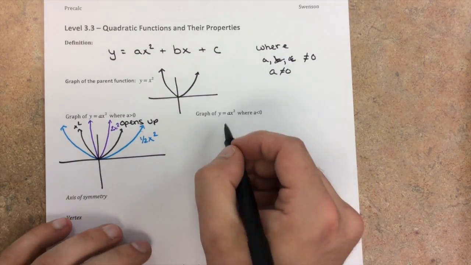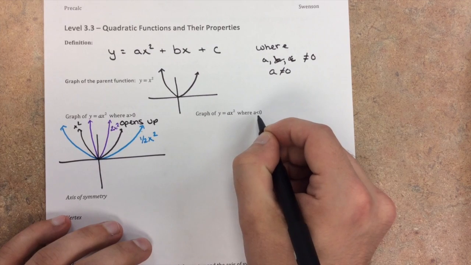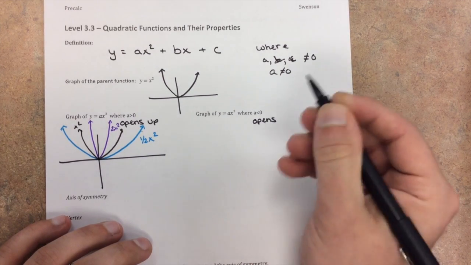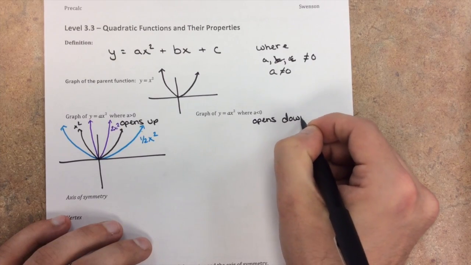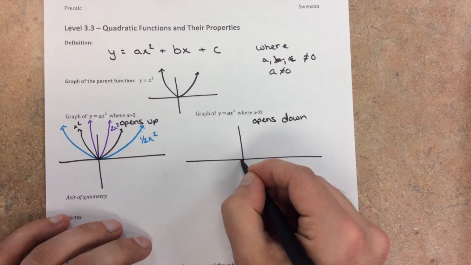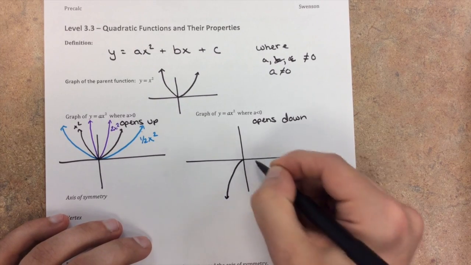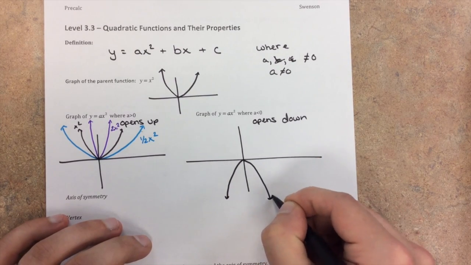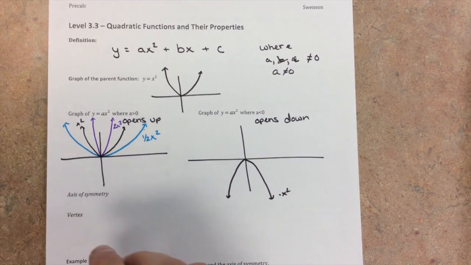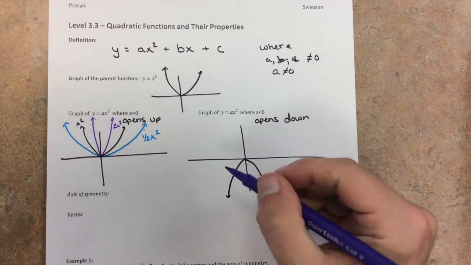And likewise, if a is less than 0, this means our parabola opens down. So that means we have our parent function looking something like that. So that would be negative x squared. And again, same colors.